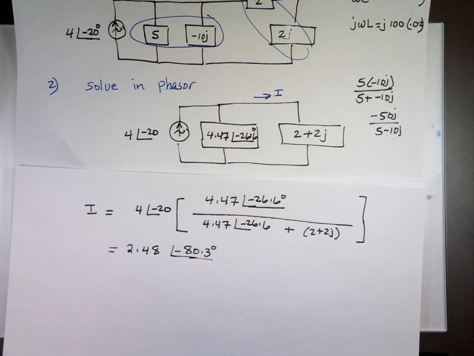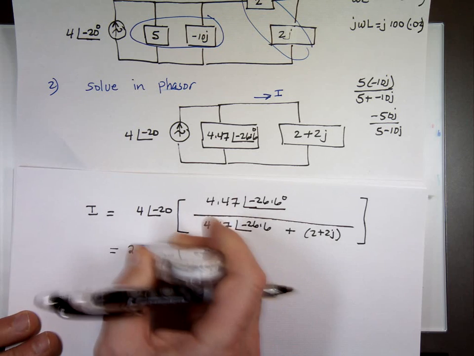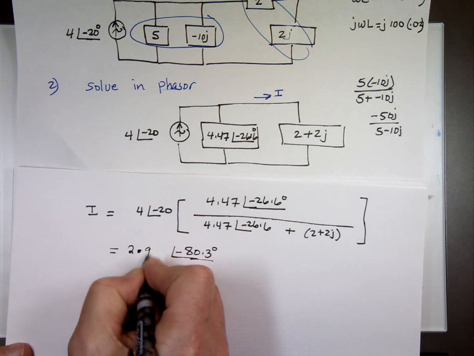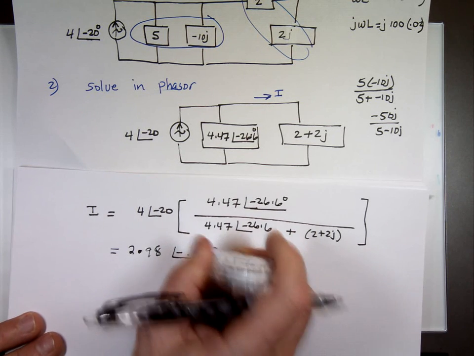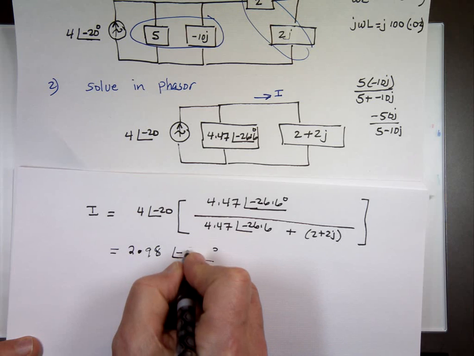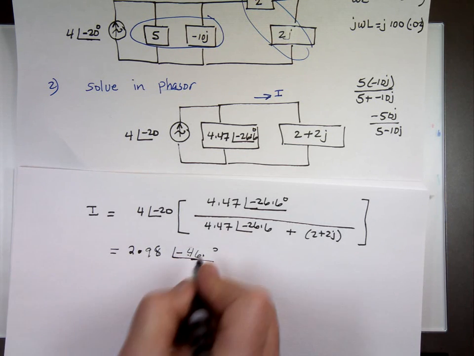Second time, I get 2.98. Can you check that? 2.98 angle negative 46.5, actually 46.6.